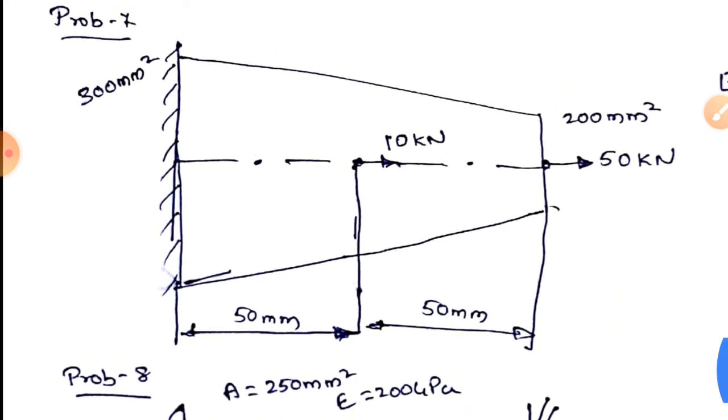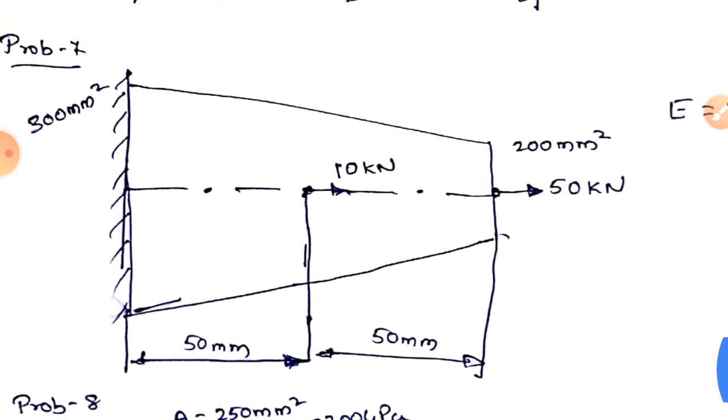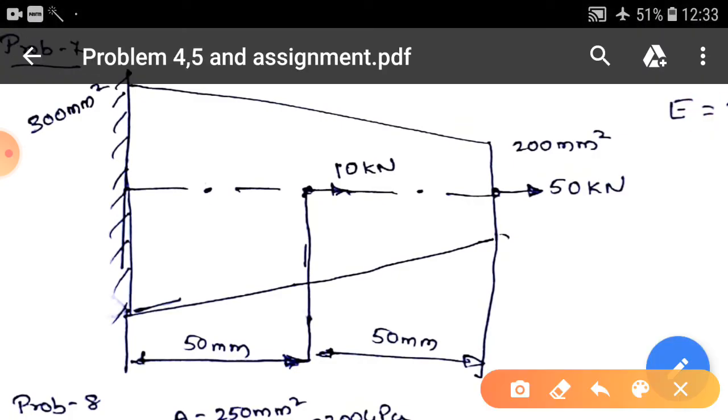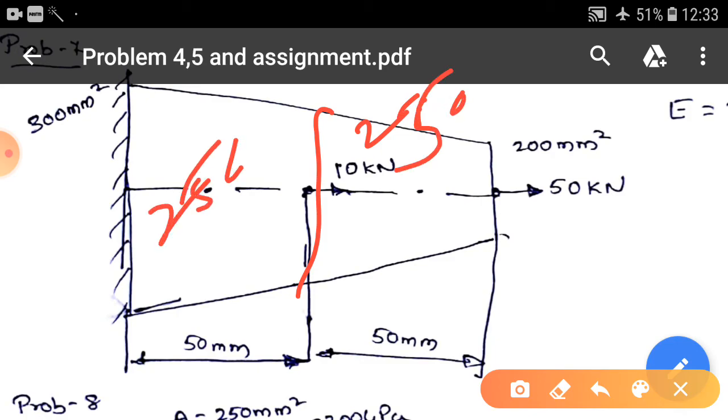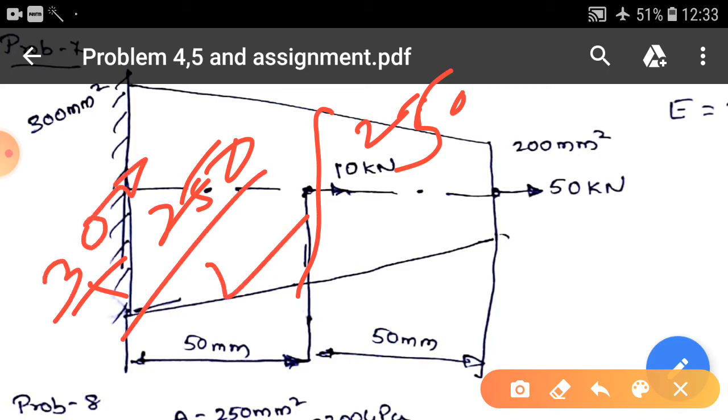Problem 7 is similar to the problem we have solved in the previous case, that is, we have to model it as a two-step bar element and then solve it. The areas given are 300 and 200. This section is 250 mm square, and here it will be 250 plus 300 divided by 2, and here 250 plus 200 divided by 2, that is 225.